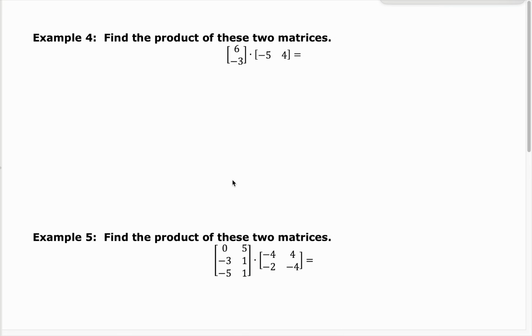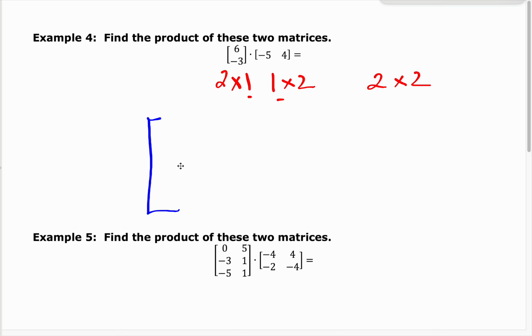All right, example 4. Find the product of these two matrices. So what do we have? We have a 2 by 1 times a 1 by 2. So our result is going to be a 2 by 2. We're looking to see that these match. Okay, here we go.